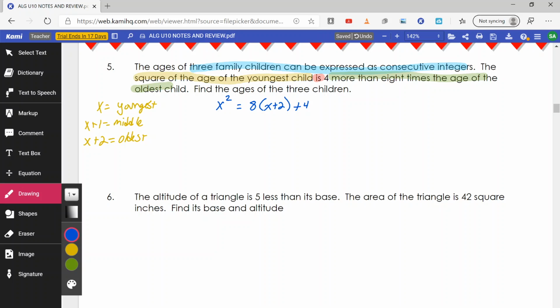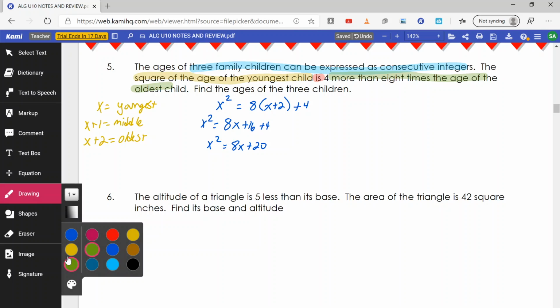Now I want to simplify this. So we have x squared equals, and we'll distribute the 8: 8x plus 16, and then plus 4. Combine like terms, so we have x squared equals 8x plus 20. Now we need this to equal 0 in order to figure this out, x squared being positive, so I'm going to move the 8x and the 20 over. We subtract both of them.